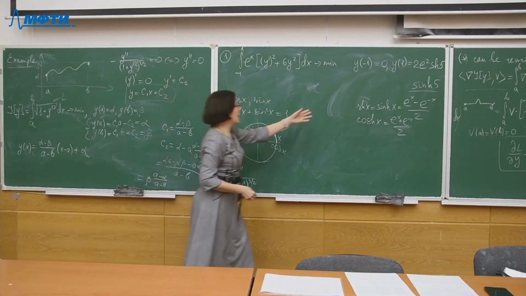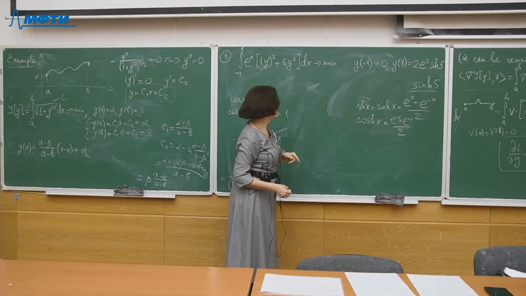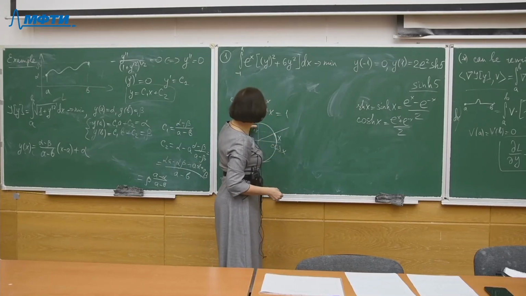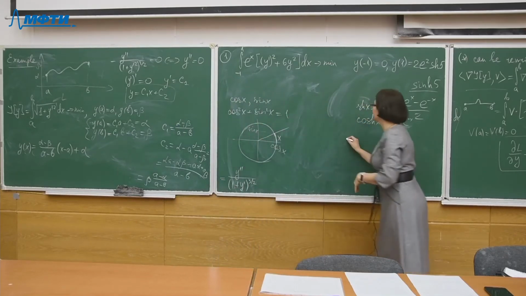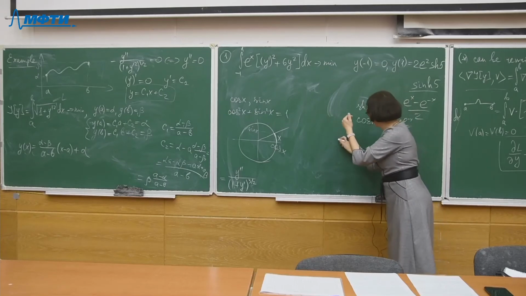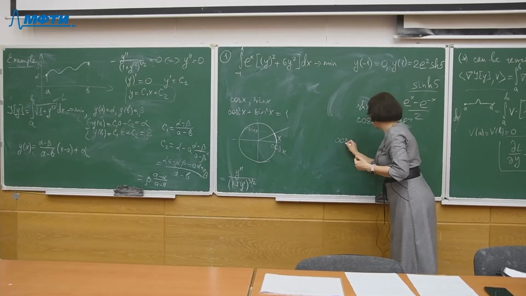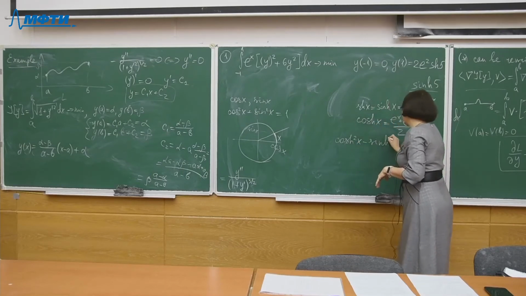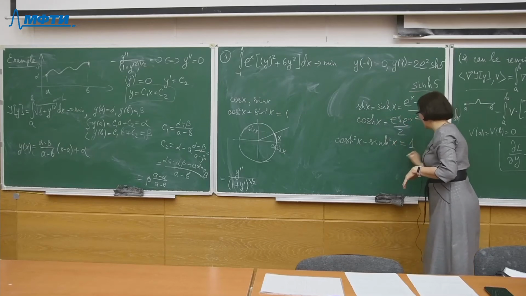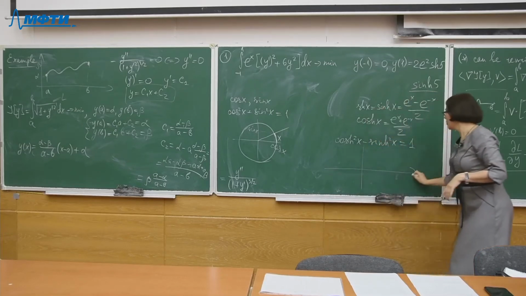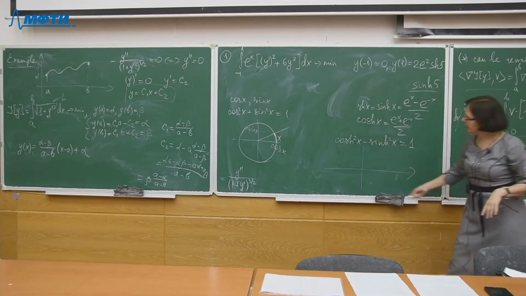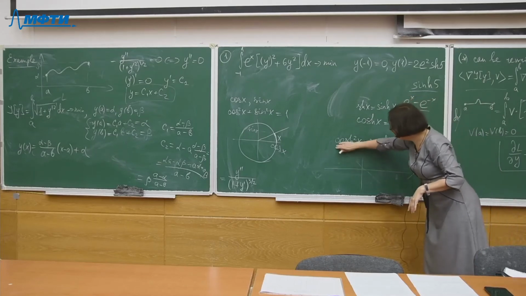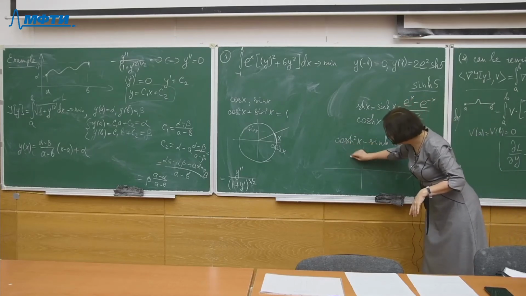But hyperbolic functions satisfy not this property but a similar one: cosh squared x minus sinh squared x equals 1. To visualize these functions, we should consider a hyperbola, only the right-hand branch.